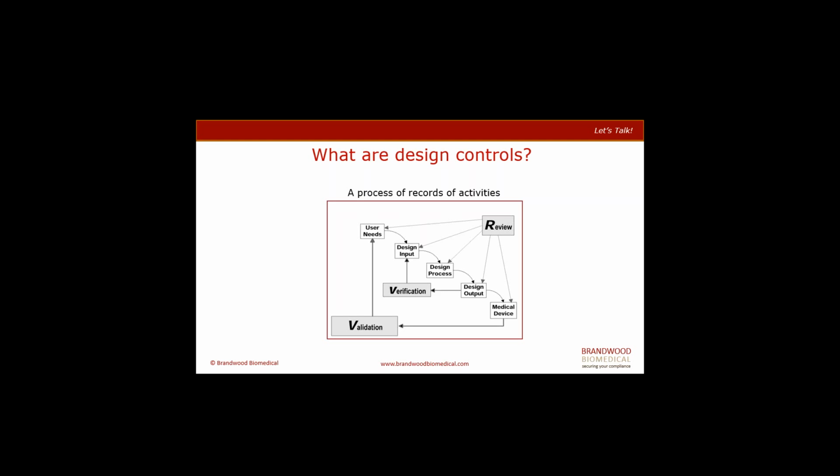So we have the input requirements, the user needs, which then lead into the design input, through your design process, which will be an iterative process, taken possibly many times to come up with the final design output, through verification activities and many review cycles, and then finally to the output of the medical device, which is then validated to identify that it has met the intended use and the user needs.